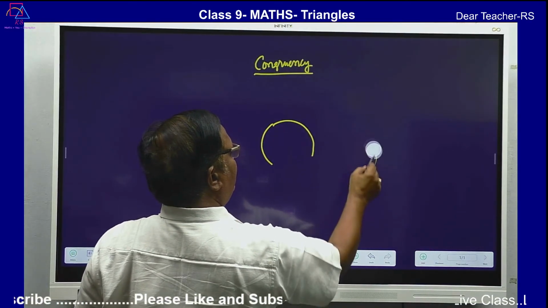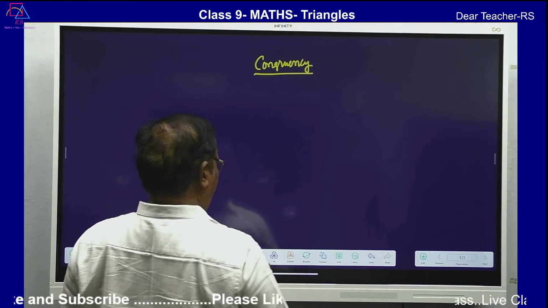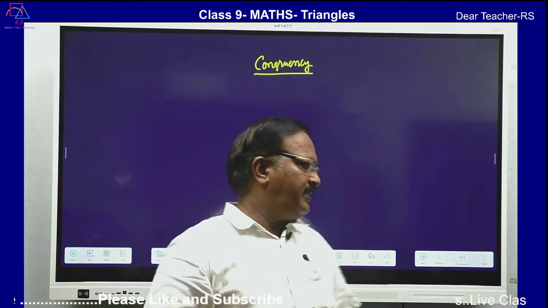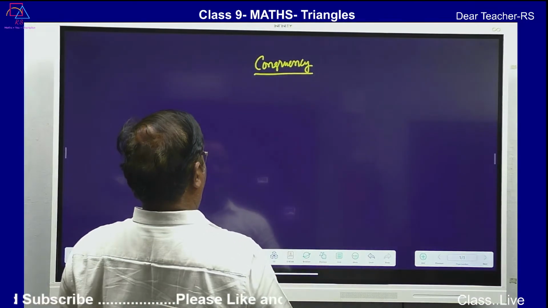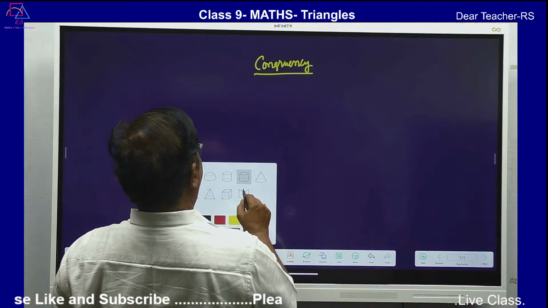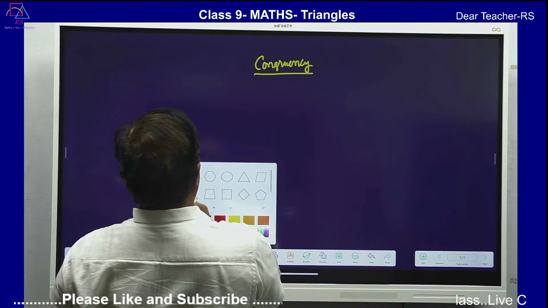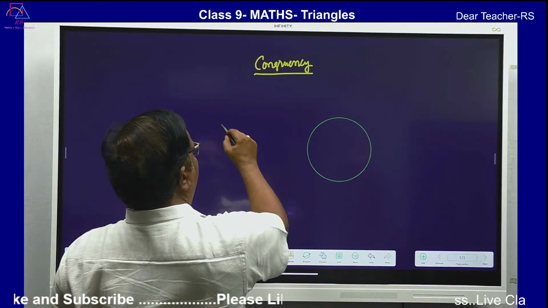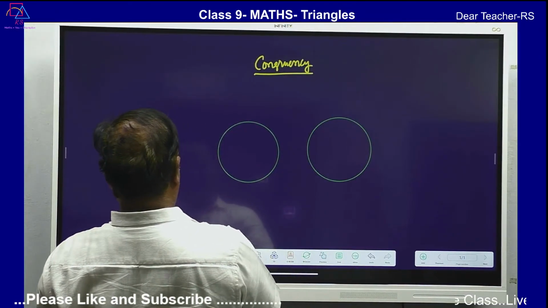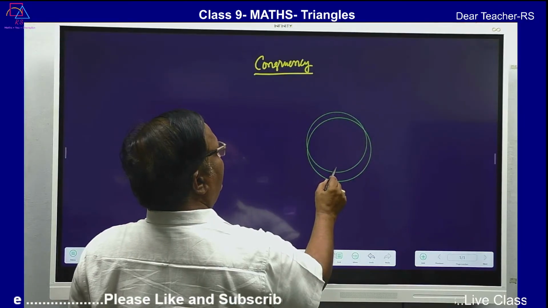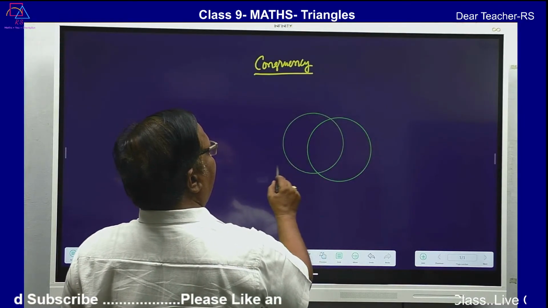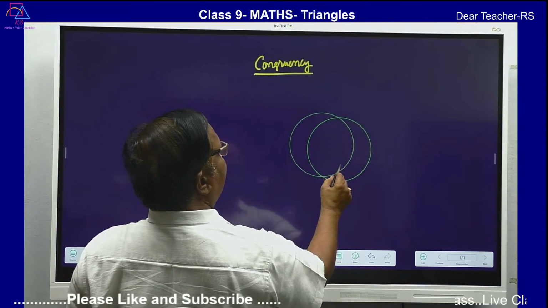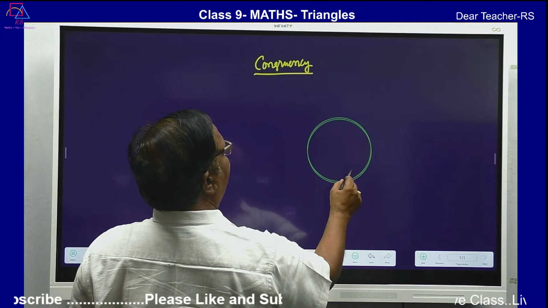So if you want two congruent circles, those two circles should have the same size. This is one circle and this is another circle. If you take this circle and put it on this one, it should cover exactly.